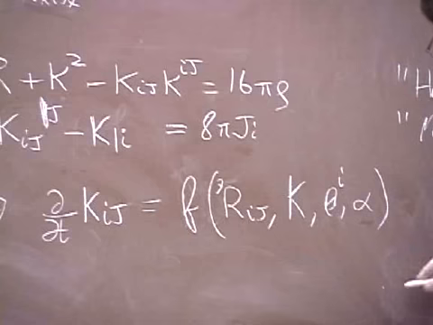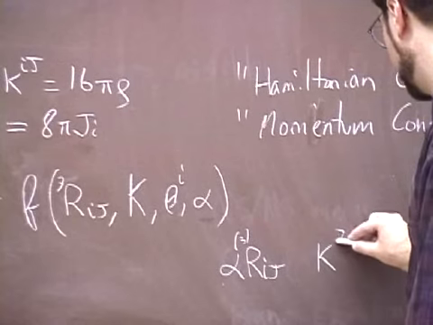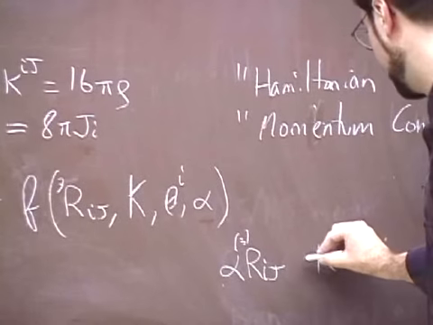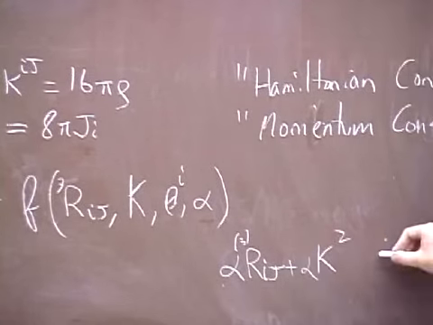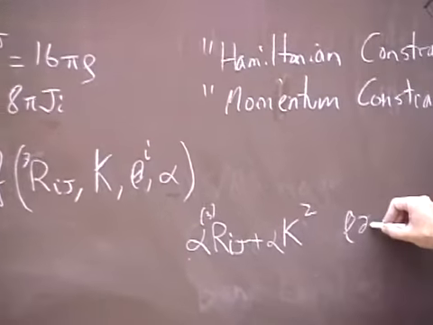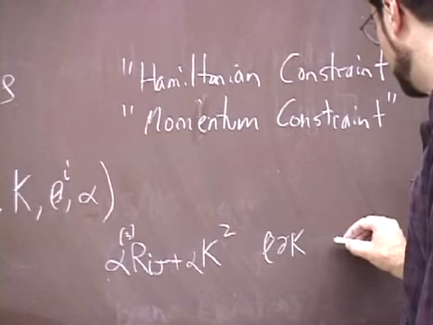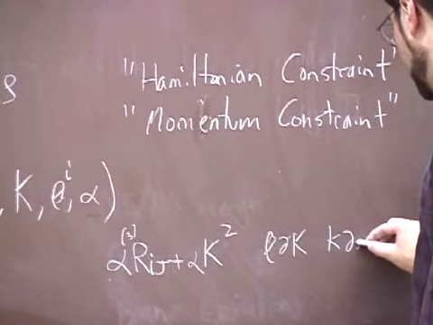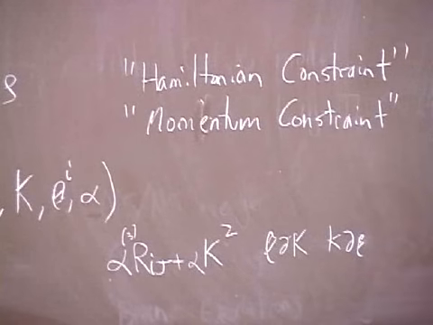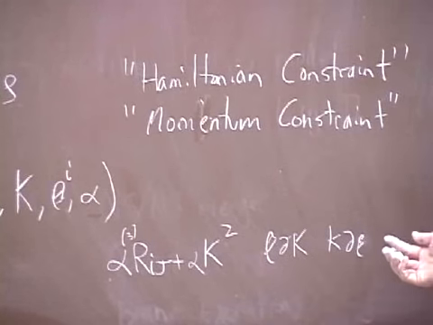So it has terms like this, and then there's K squared terms with an alpha in front, and then there's beta terms that are only multiplied by derivatives of K and derivatives of beta. So there's beta dK and K d beta terms. So there's nonlinearities in a few places.